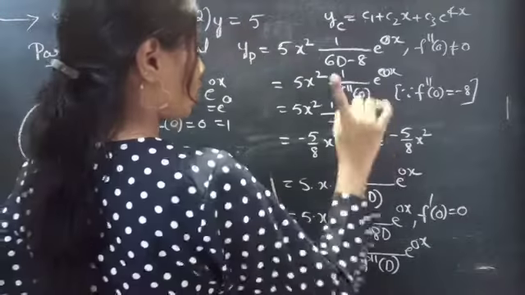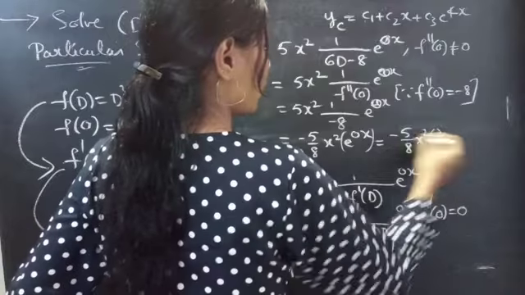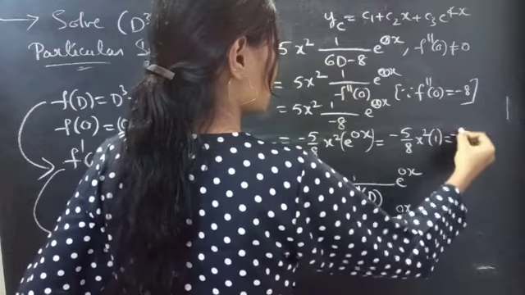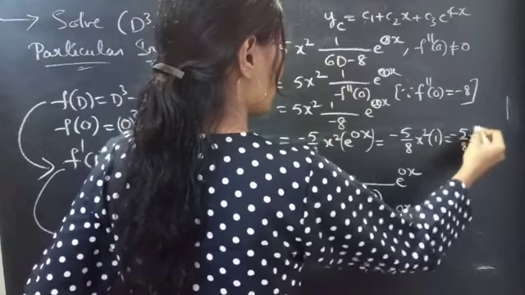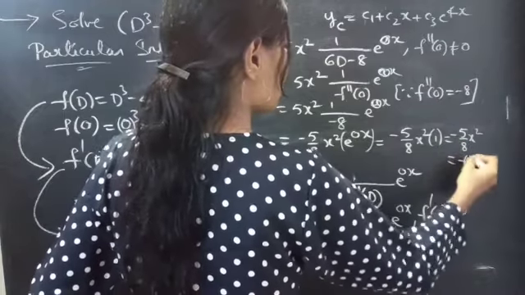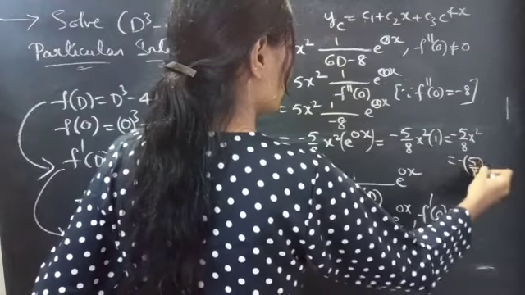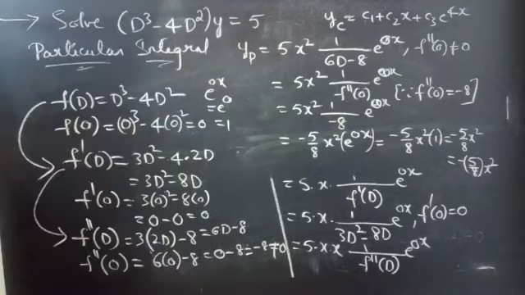This value is 1. So you can just write this as minus 5 by 8 into x square.